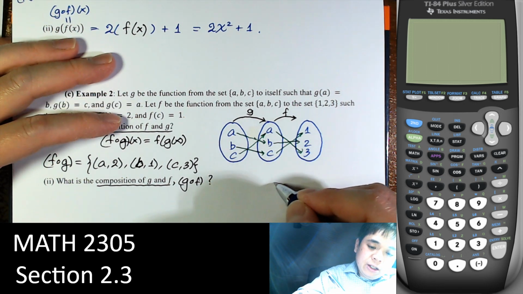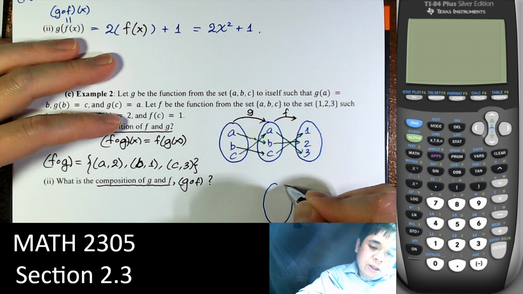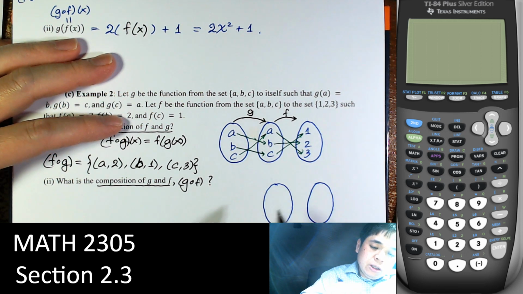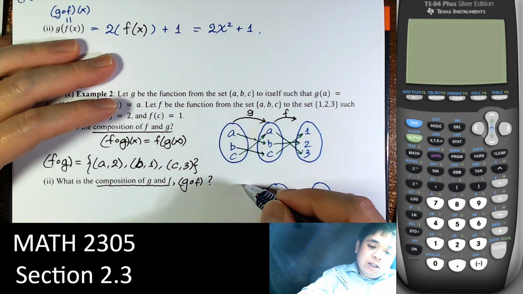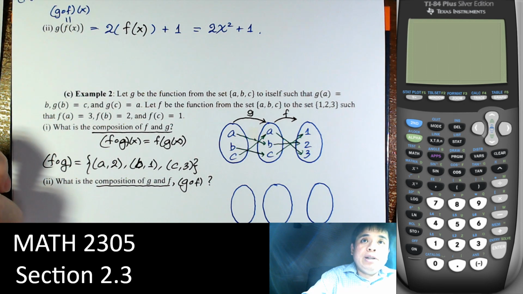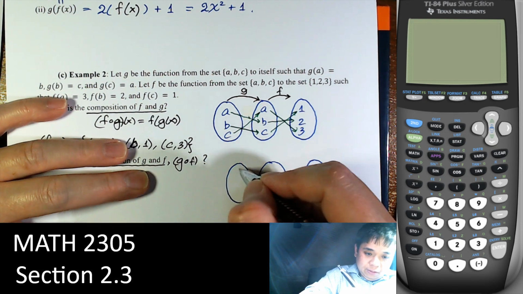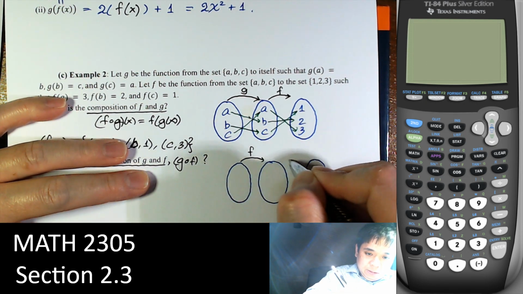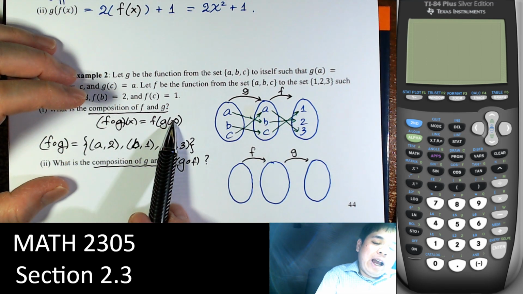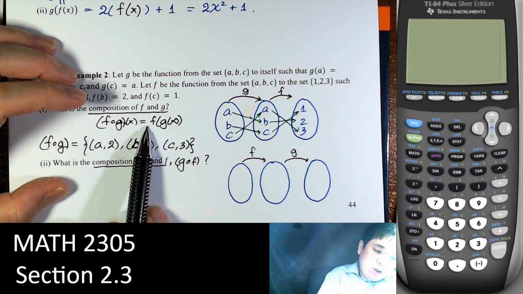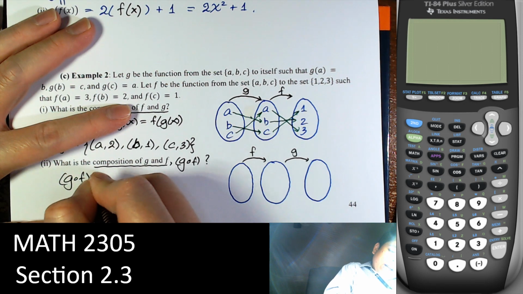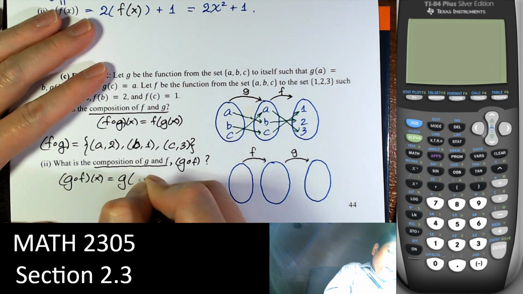So first, we have to do f first, and then g, right? Remember, it's always inside out. x to function g of x, and then to f. Same thing, g of f of x is equal to g of f of x.